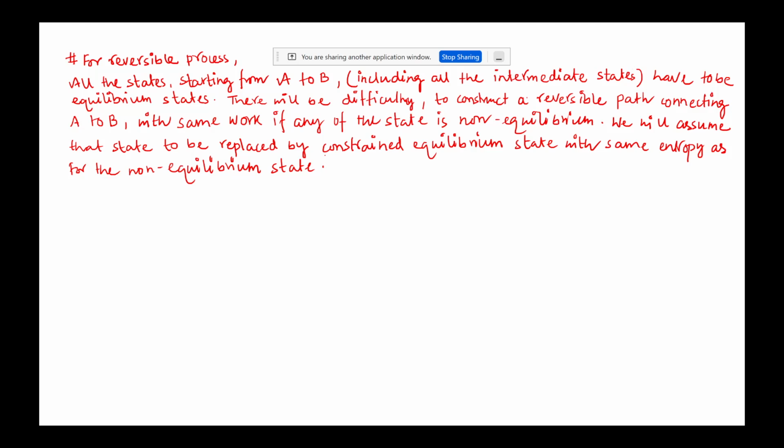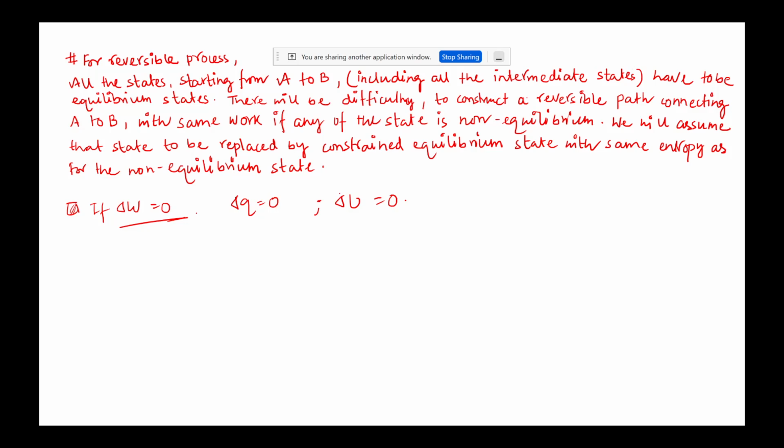Now if delta W equals 0, no work done, then since delta Q equals 0, the internal energy change will also be 0. So here it is not possible, because delta Q is 0, delta W is 0, and delta U is also 0.